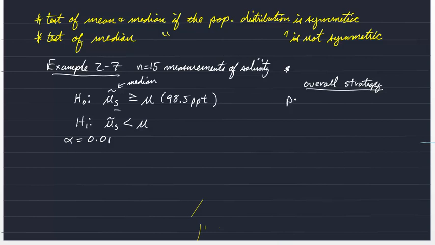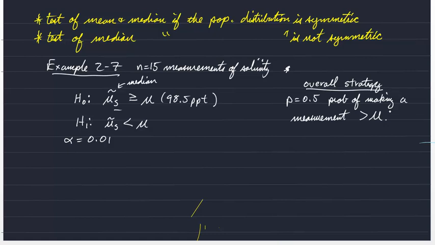So little p is 0.5, and it describes the probability of making a measurement greater than mu. It's the probability of success for a single trial.